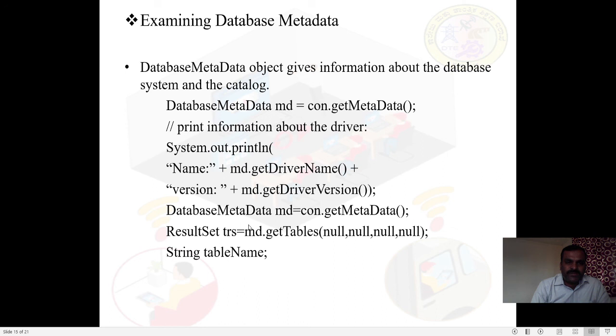DatabaseMetaData md is equal to con dot getMetaData. ResultSet trs is equal to md dot getTables of null null null null, String tableName.